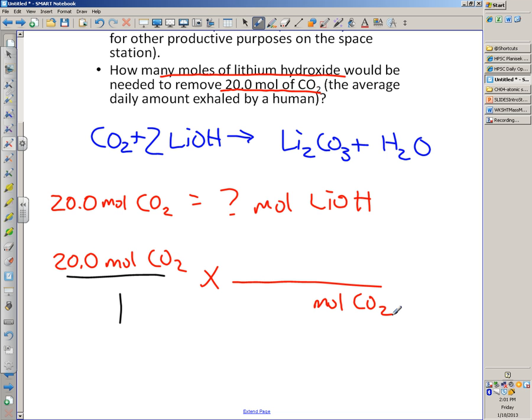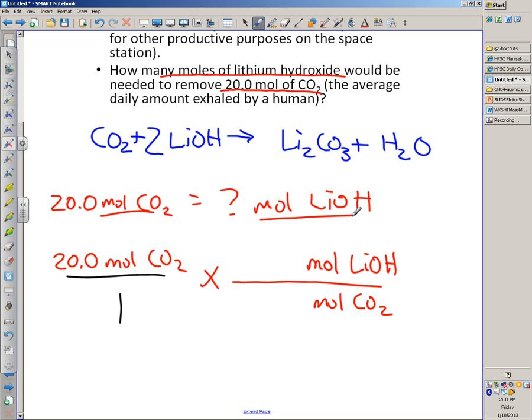We want our final answer to be in moles of lithium hydroxide. Does that make sense? Yes. Okay? That conversion factor gets rid of the unit we're trying to get rid of and takes us to the unit that we're trying to go to. Okay? Units first. After we do the units, now we fill in the numbers.